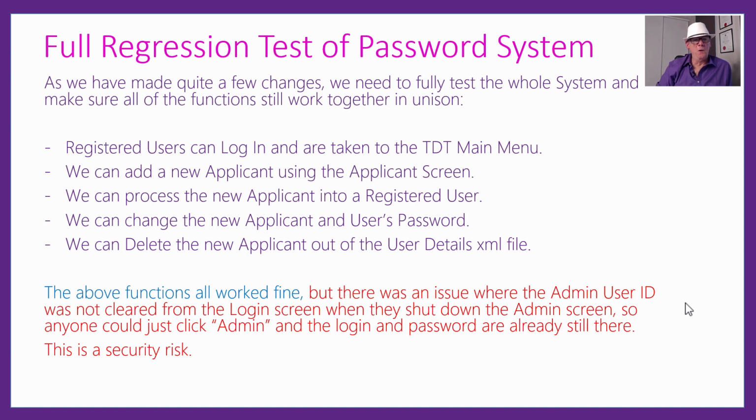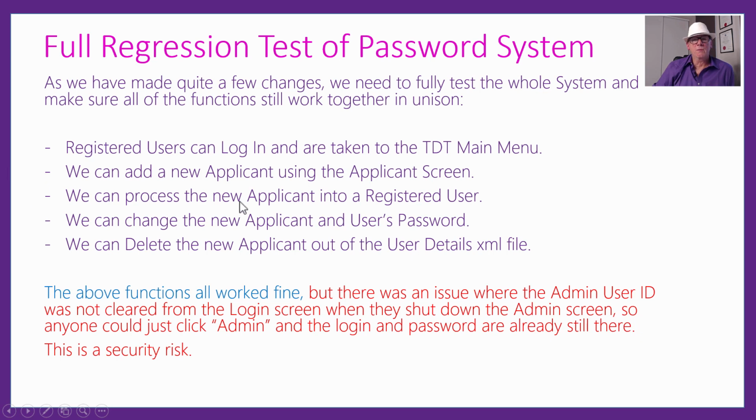But there was an issue where the admin ID, yes, okay, so we're doing a full regression test. We won't show you the results for all this because this video is so long already, but we just checked out whether Sharon could log in, and she got taken to the main menu for the tennis dream team. That all worked fine. We added some new applicant using the applicant screen, so the add new.